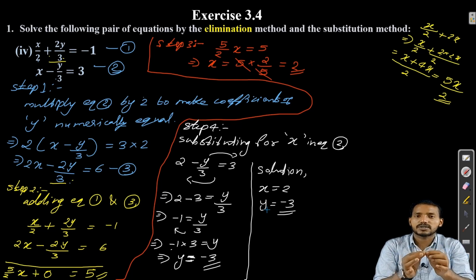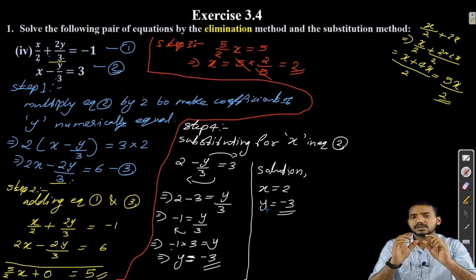In case the coefficients are numerically equal and the sign is also the same, then subtract one equation from another. If the coefficients of the variable to be eliminated are numerically equal and opposite in sign, then you have to add the two equations to eliminate that variable.